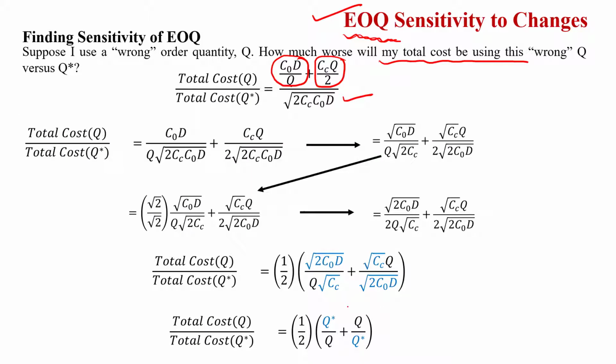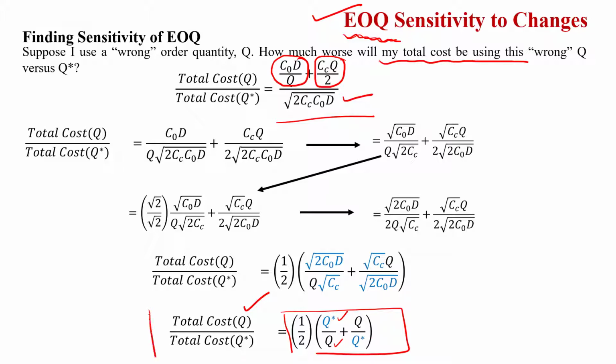If we simplify this, we see that the total cost at the quantity which we have ordered, divided by the total cost at the optimum order quantity, is going to be equal to 1/2 times the optimum order quantity Q star divided by the wrong order quantity Q, plus Q over Q star.